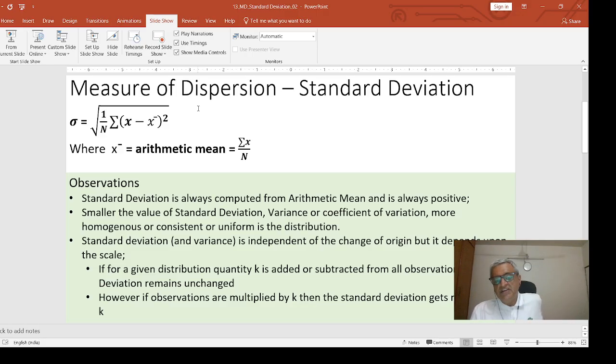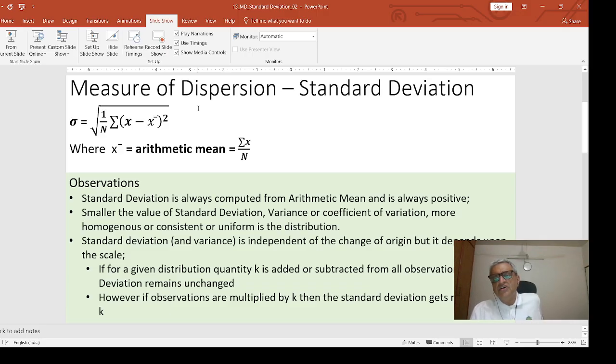Smaller the value of standard deviation or variance, you know what variance is. We have seen in the last video, the square of standard deviation gives variance, right? So smaller the value of standard deviation or variance or coefficient of variation, the more uniform or the more consistent the distribution is.